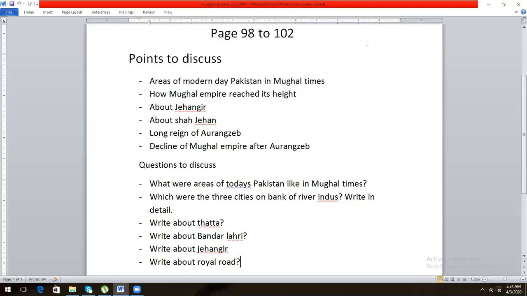So I want to explain about Thatta now. It was the capital of Lower Sindh. It was an important trading center, situated on fertile plains. Its wealth came from Bandar Lahari. As I told you before, they were trading at the port, and it was easy for goods to come from other places.